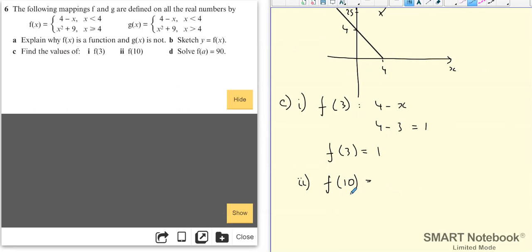Can you please tell me in the chat? What equation am I going to use to work out f of 10? Everyone to tell me in here.